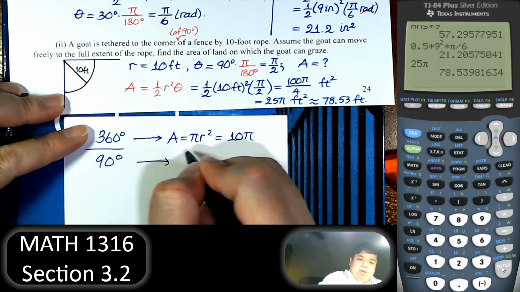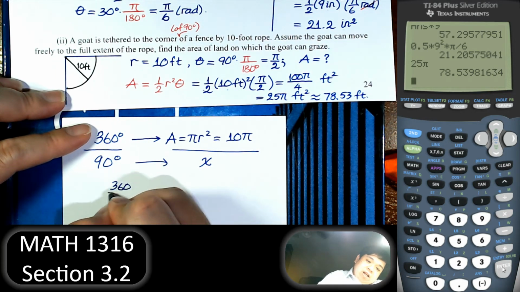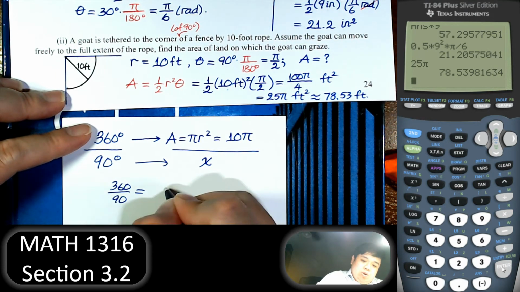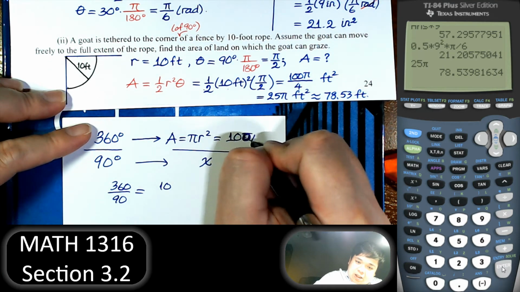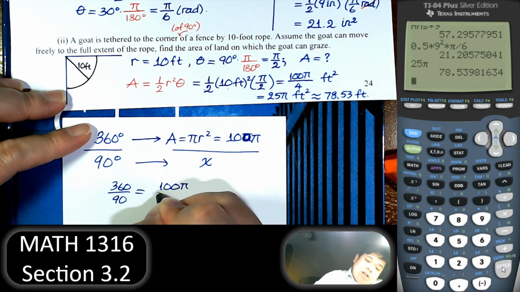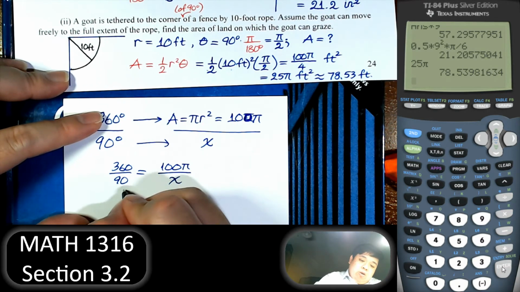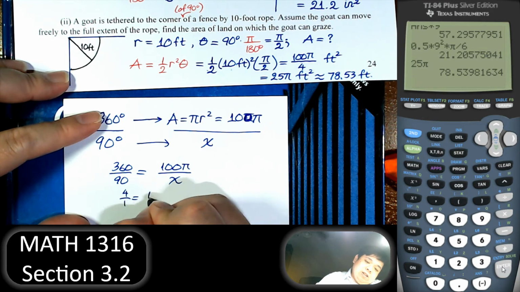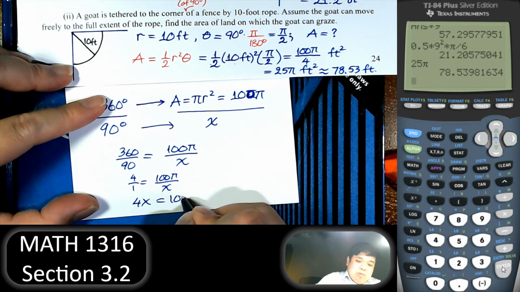So just set up the ratio. 360 divided by 90 is equal to 100 pi divided by x. And cross multiply, by the way, this simplifies to 4 over 1. Cross multiply, we have 4x equal to 100 pi.